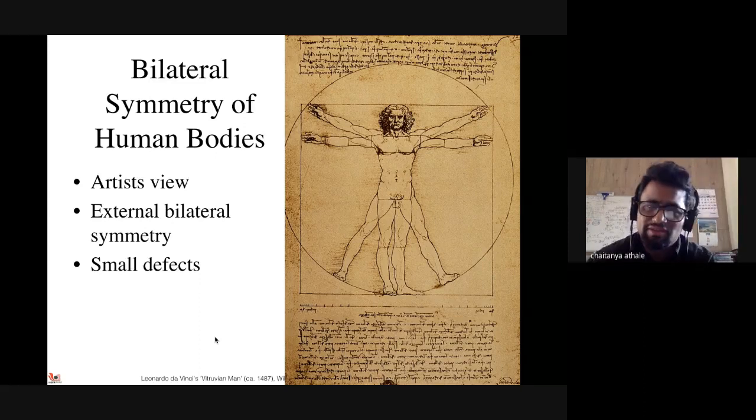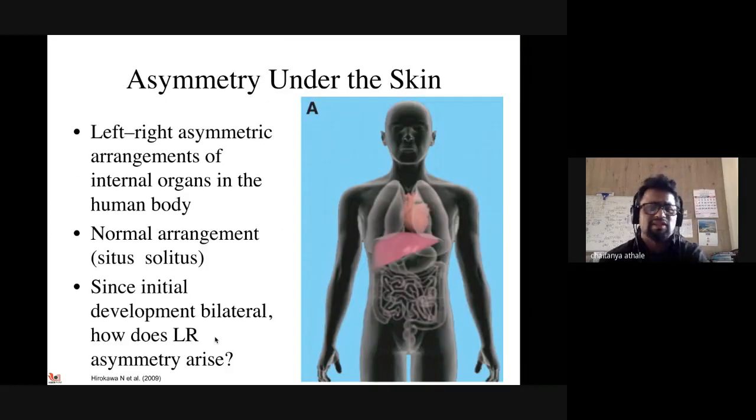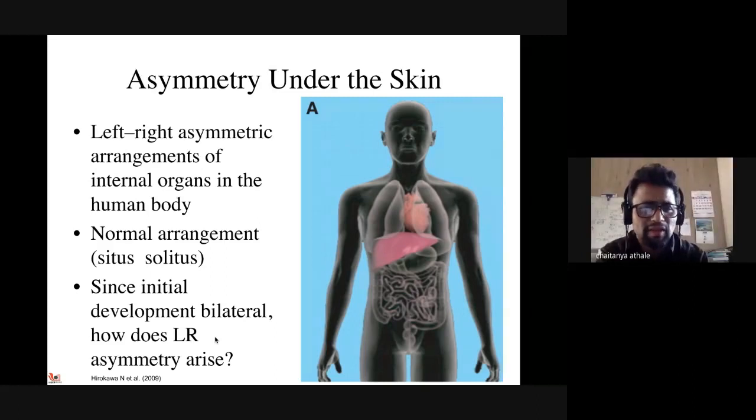Besides these small defects, there's something that goes beyond the superficial or skin part of it, which is the internal organs. So if we dive under the skin of a human, we know very well that we are left-right asymmetric. This so-called normal arrangement, in the Latin term for medical phenomena, is called situs solitus.